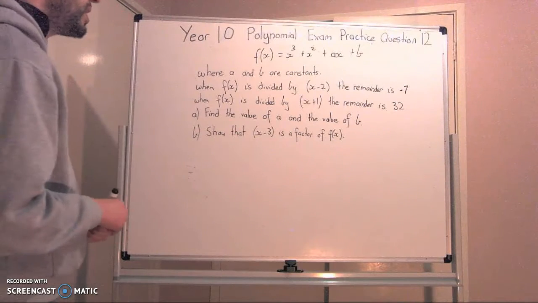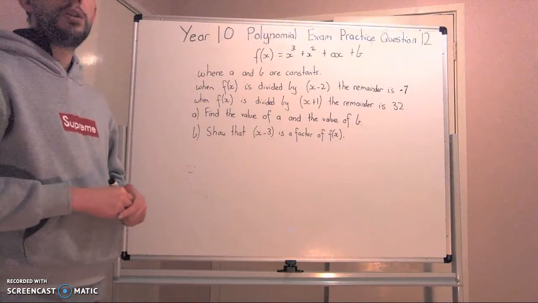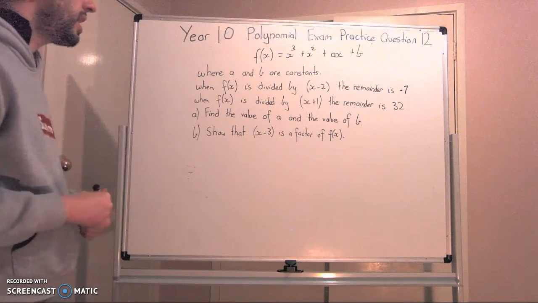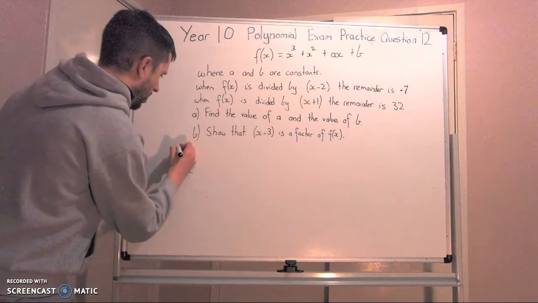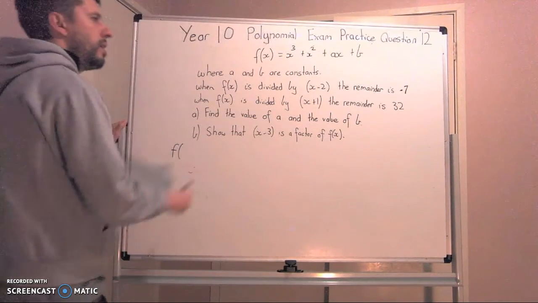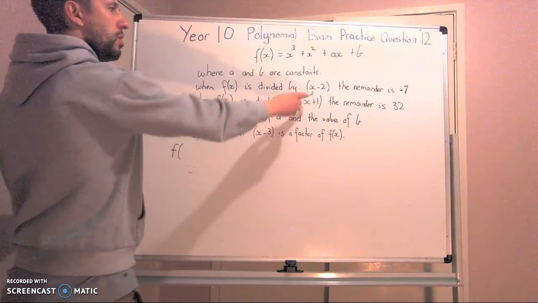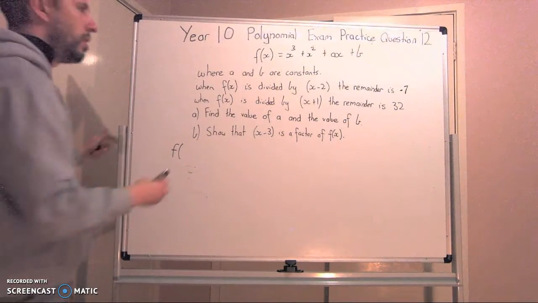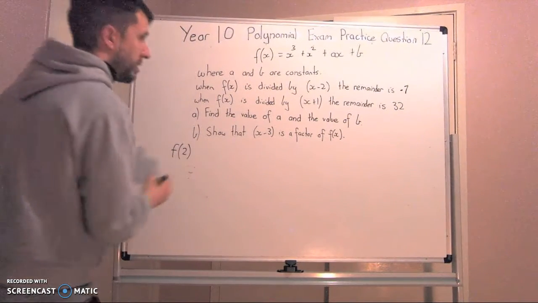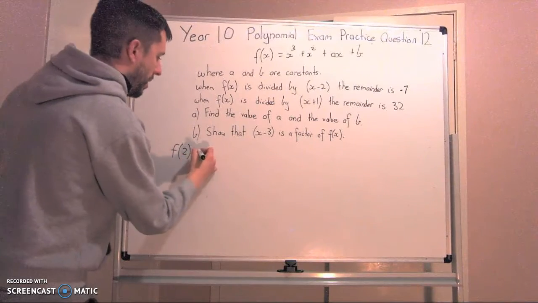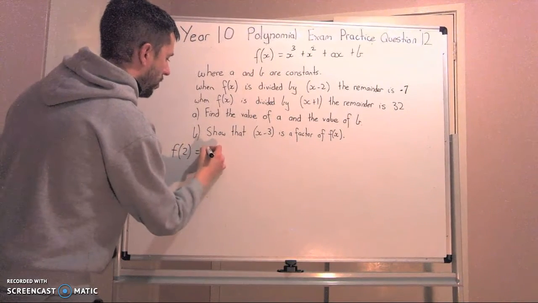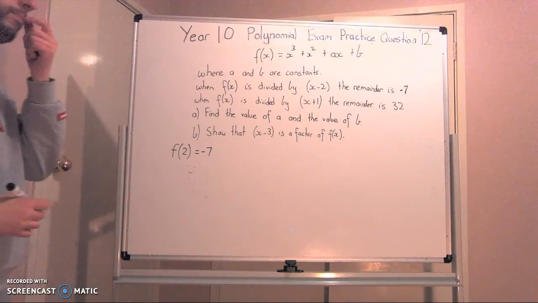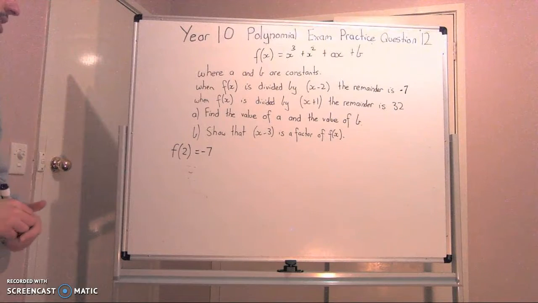So to do that, we need to understand the remainder theorem. And that is, if I use the function, use this as my factor, which is x is 2, I am ending up with a remainder of negative 7. So that's the first thing I need to think about.